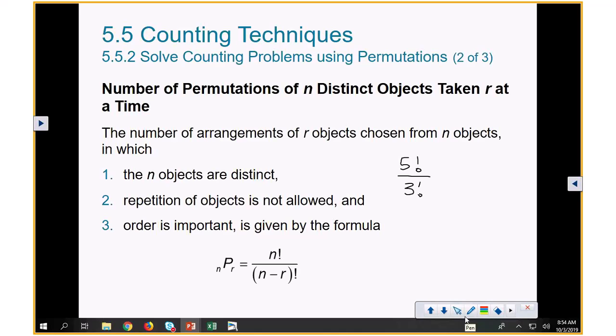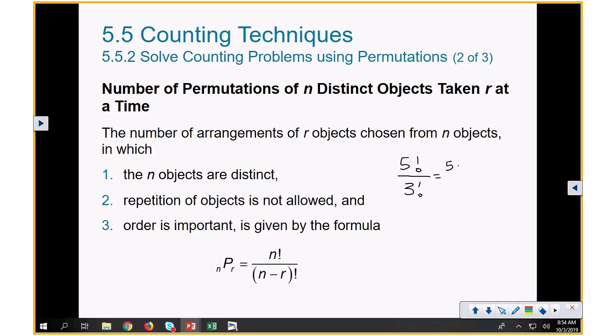When you have n factorial and you subtract r from n, what will the fraction always be? It will always be improper, right? So you'll always get something like this. This is what happens. 5 times 2 times... Okay, there's no 4 anymore. It just skips 4.